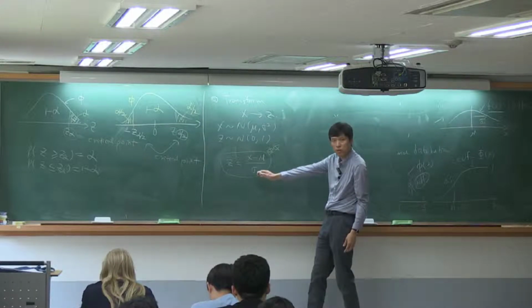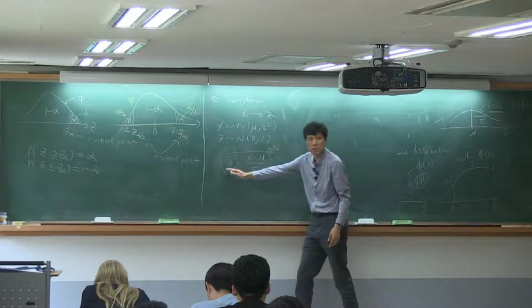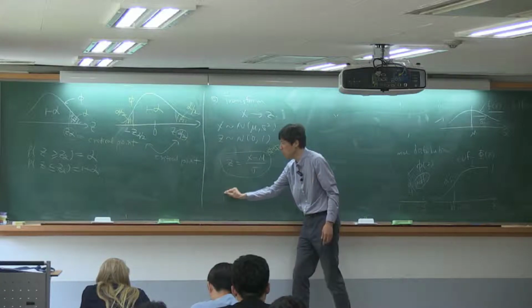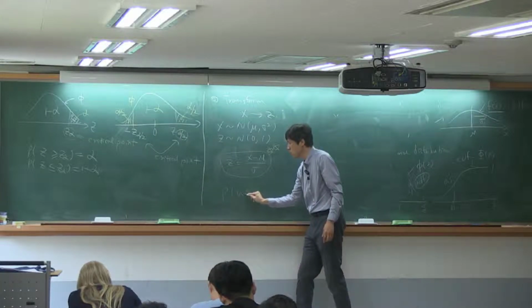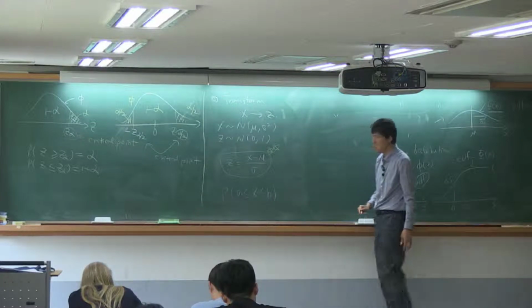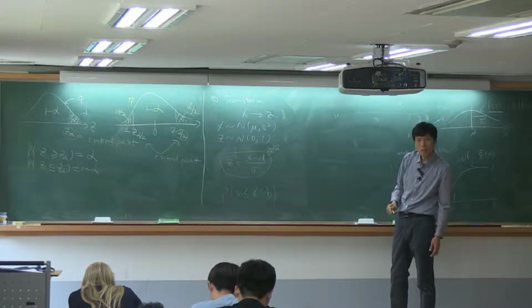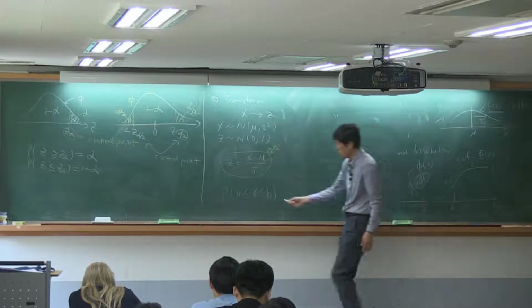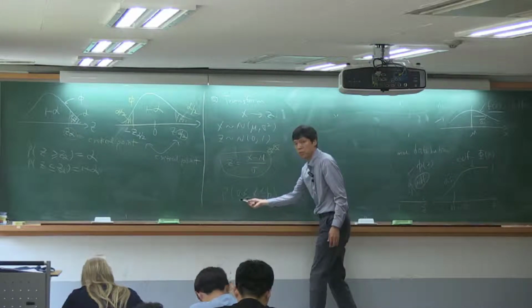Why do we transform X to G? Let's calculate the probability of the random variable X between a and b.